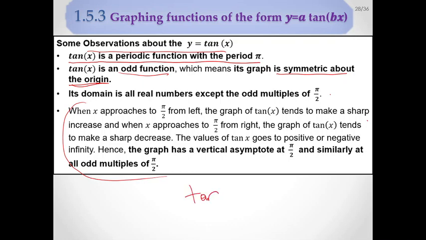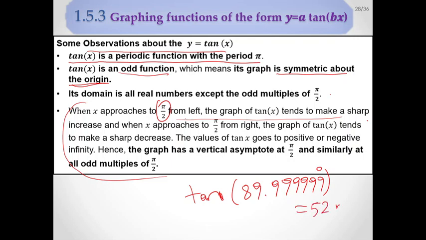So when you take, you can read here, but what it says is this. When you take values very close to 90 degrees, which is pi over 2, you will get huge numbers. In terms of degrees, if you type it into the calculator, it's about 52 million. So the tangent values are getting very, very big.